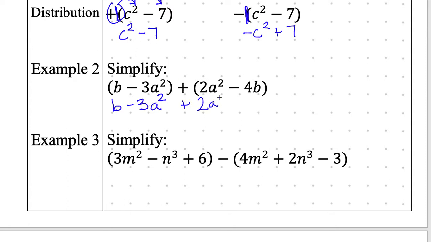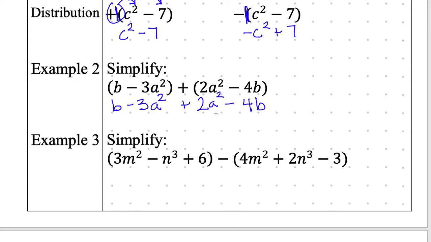Positive 2a squared. Ooh, careful. A positive times a negative is a? There it is, negative 4b. 50 XP to Anna. All right, so we have gotten rid of the distribution, which is the same thing as dropping the parentheses whenever it's a positive. That's our shortcut from last year.